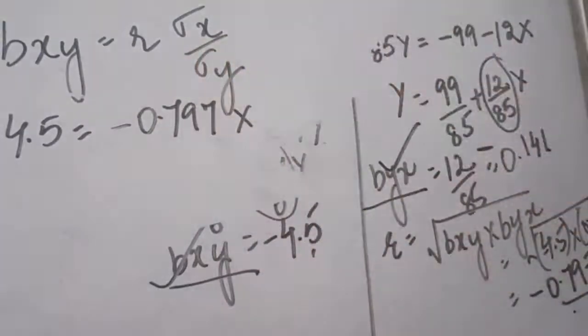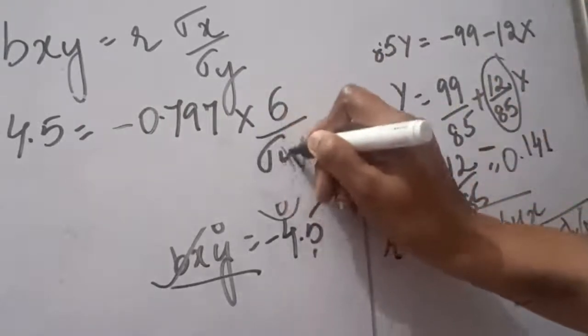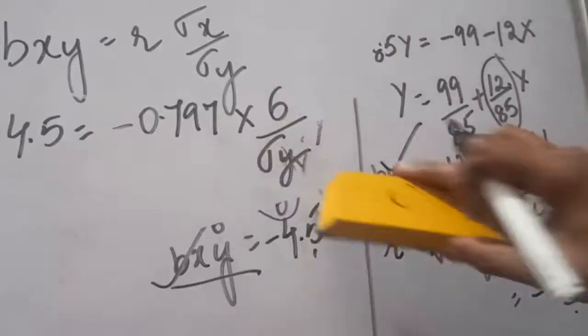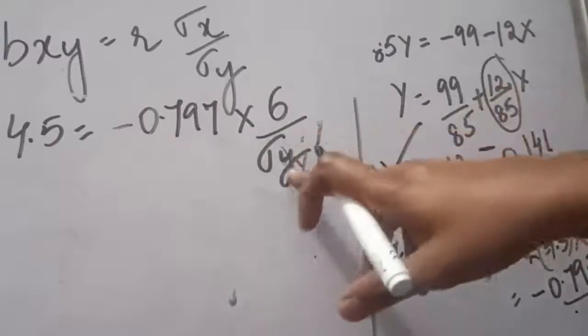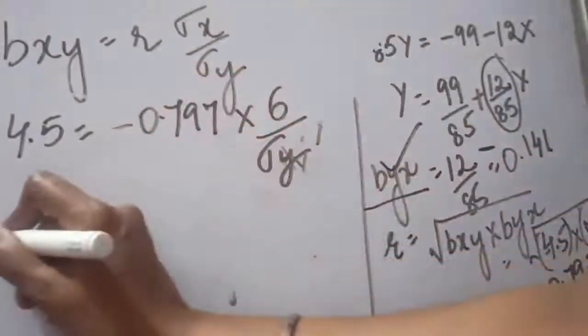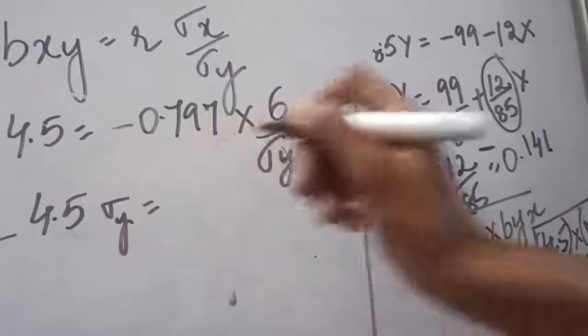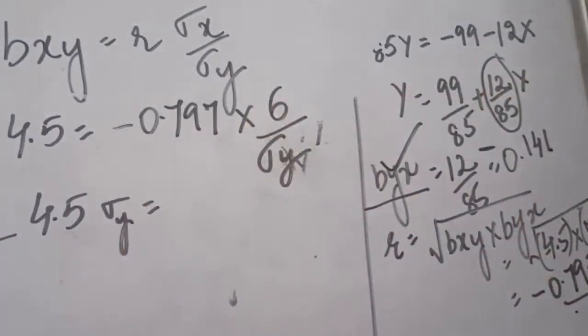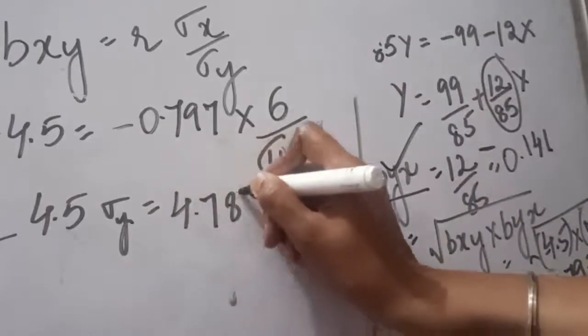Standard deviation of x: when I started with the question, I calculated the standard deviation of x, that was 6. So from here I can easily calculate the value of the standard deviation of y. You can take this on the other side. So it will be 4.5 negative times standard deviation of y is equal to 0.797 into 6. It comes out to be 4.782 in negative.